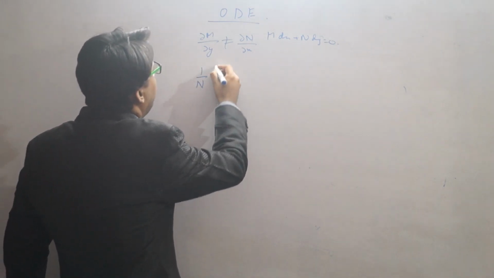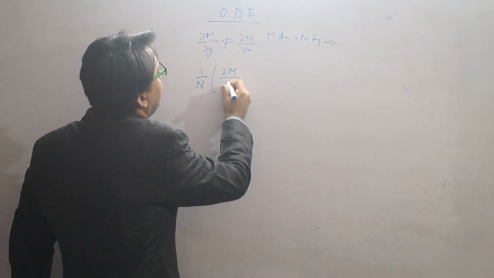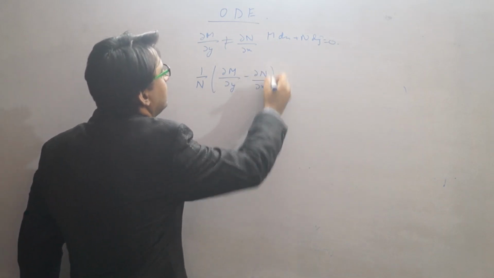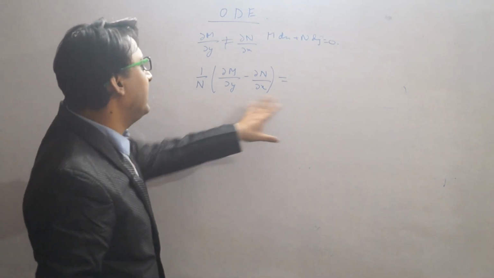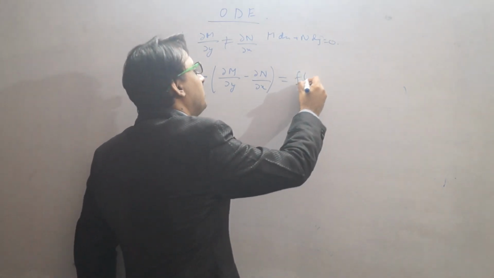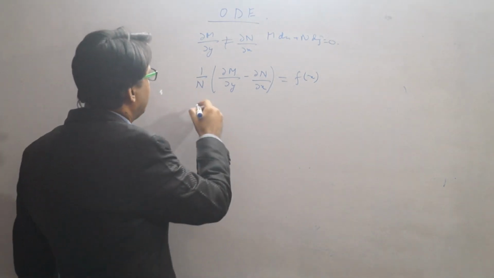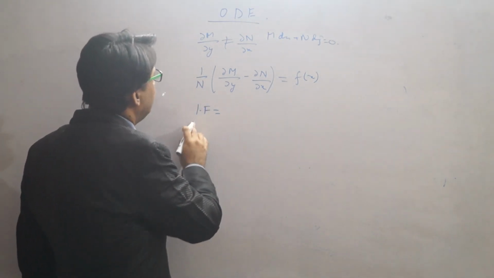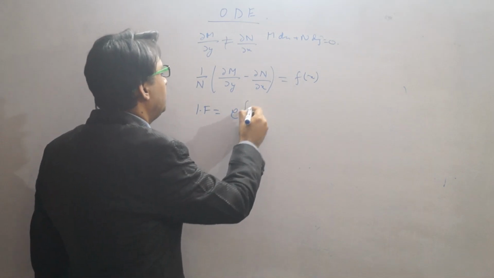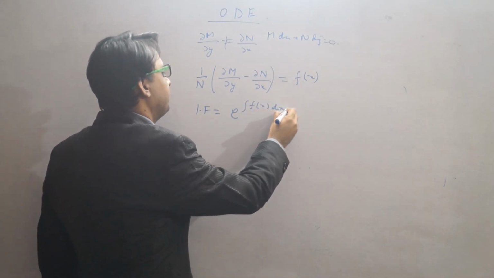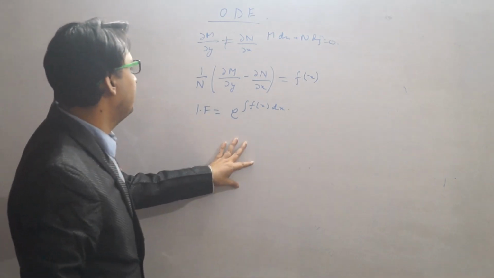We will find 1/N (∂M/∂y − ∂N/∂x). If that comes as any function of x alone, that has to be a function of x. So in that case, we can argue that the integrating factor has to be e to the power integral of f(x) dx. This is our claim.